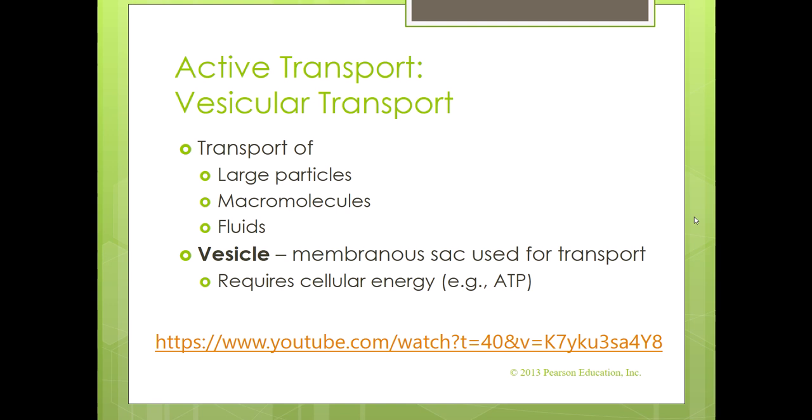And then also fluids. One of the ways the cells can sample the fluid around them is by using vesicular transport. Since we're building these little sacks, that is also going to require energy in the form of ATP.